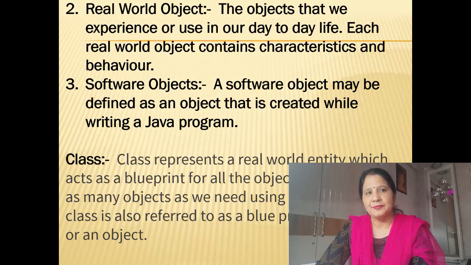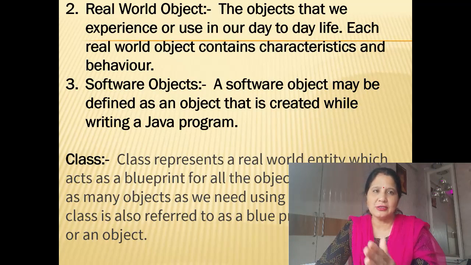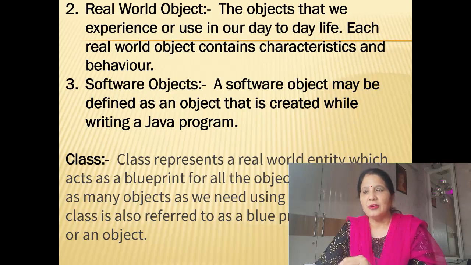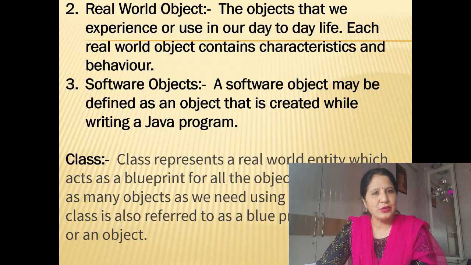Now next is class. By the name of class, you can say that class is the combination of students, because all students make a class. When more than two children are sitting in a room, that is known as a class. Class represents a real world entity which acts as a blueprint for all the objects. We can create as many objects as we need using a class.